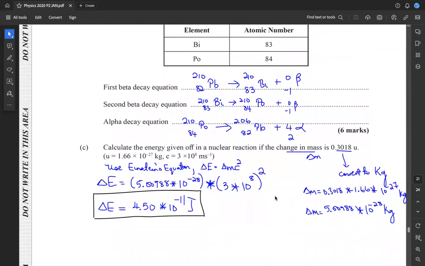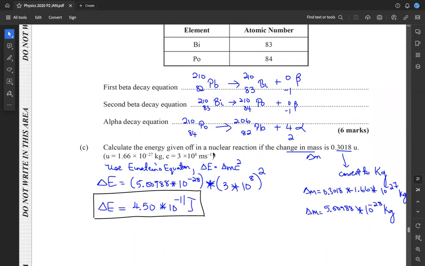And so moving along, part C is asking us to calculate the energy given off in a nuclear reaction if the change in mass is 0.3018 U. Okay? So remember, whenever we said that the change in mass is really what causes energy to be generated by these nuclear reactions.